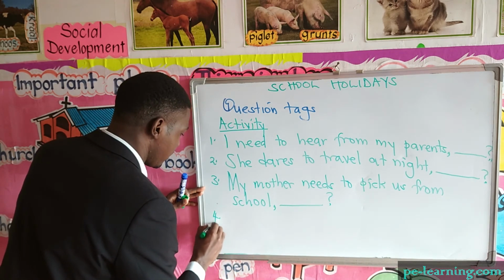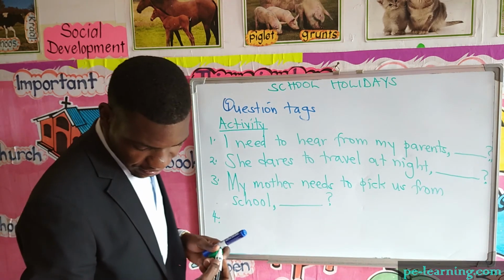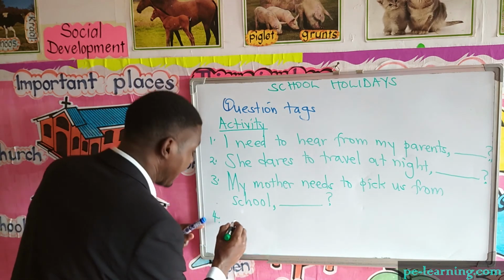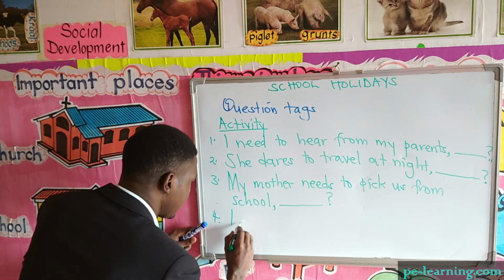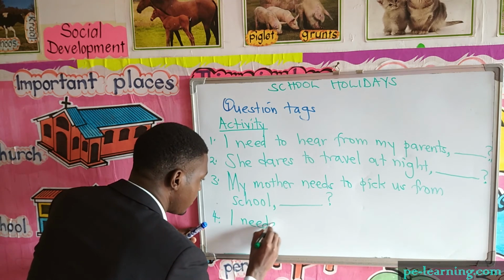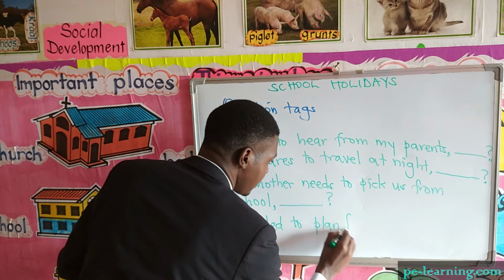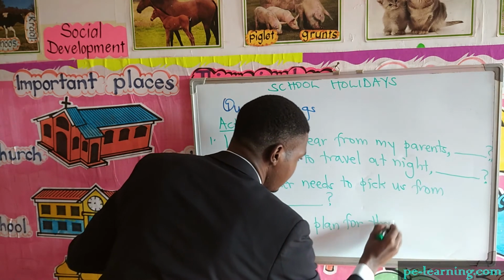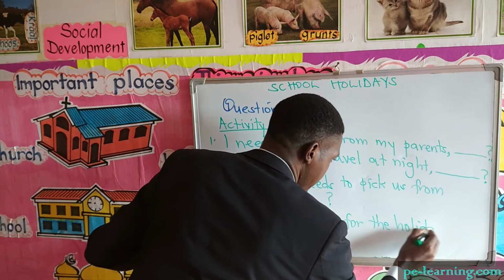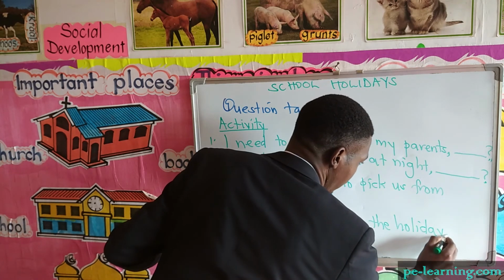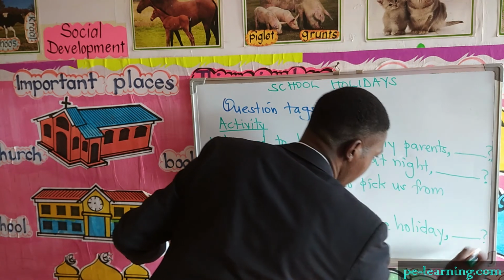And then the second last, saying, I needed to plan for the holidays. I needed to plan for the holiday. What is the question tag?